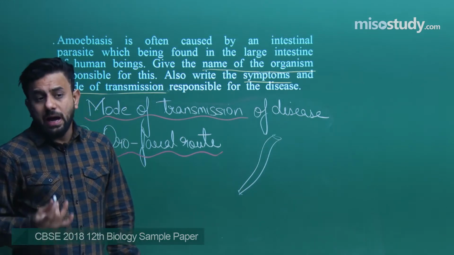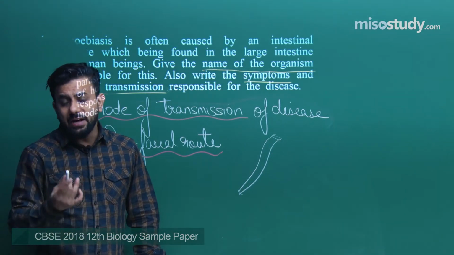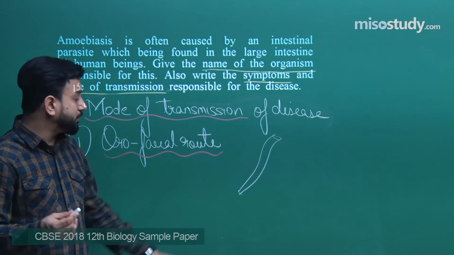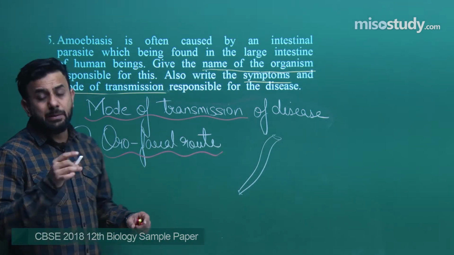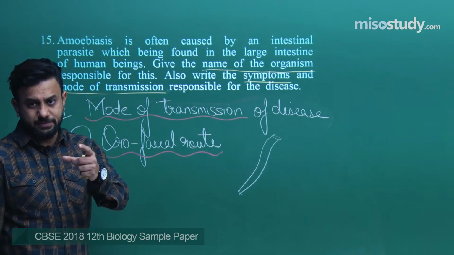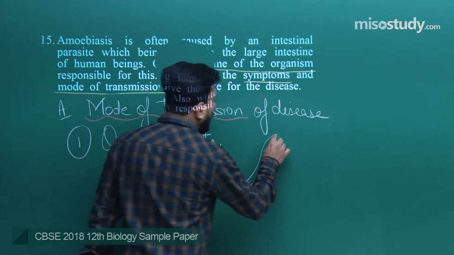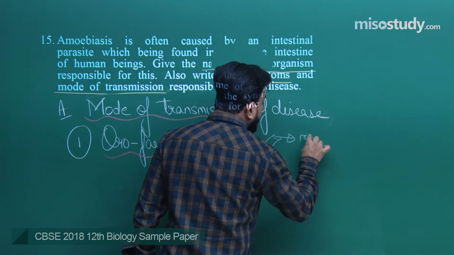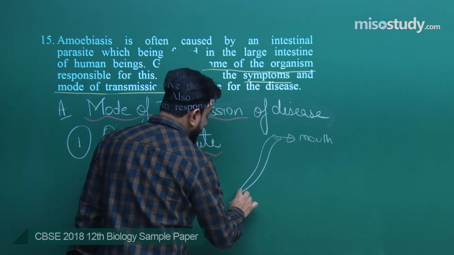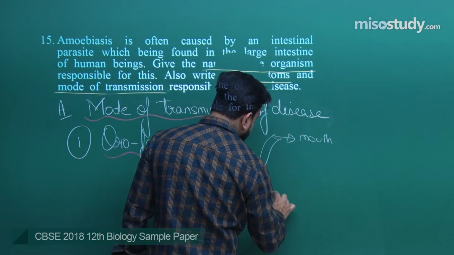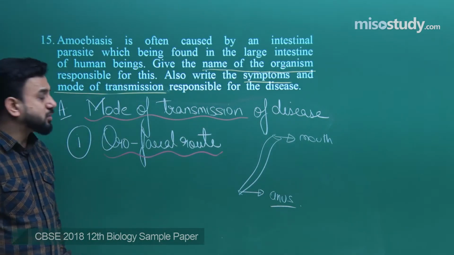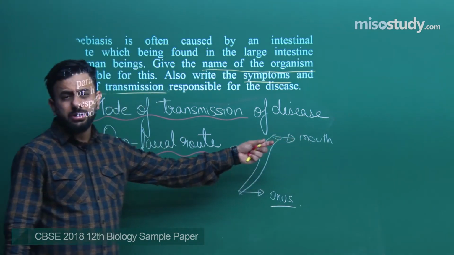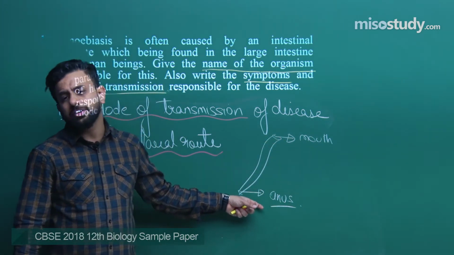But later on, as organisms evolved, with more advancement and evolutionary development, the alimentary canal started having two openings, right? The anterior opening was called the mouth or the oral cavity. The posterior opening was called the anus or the anal opening. So this is the oral region and this is the anus, or the fecal region.